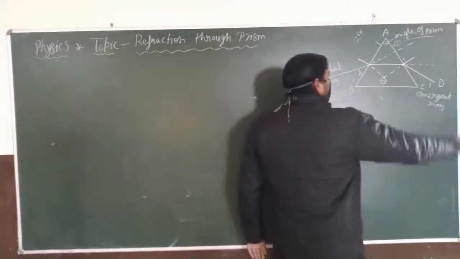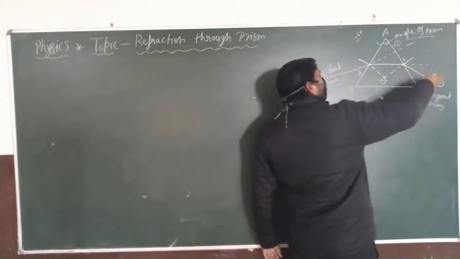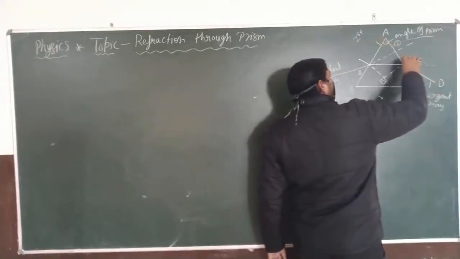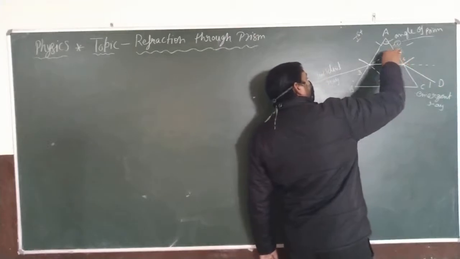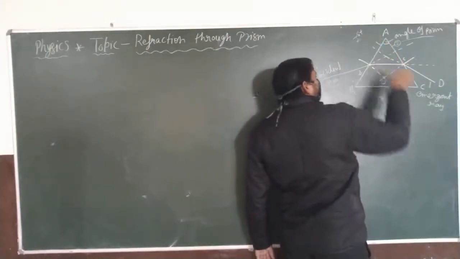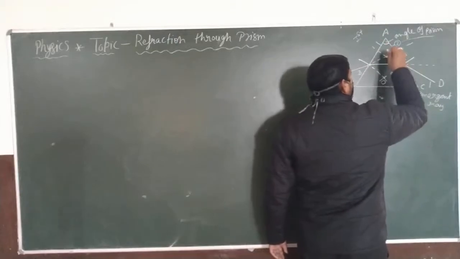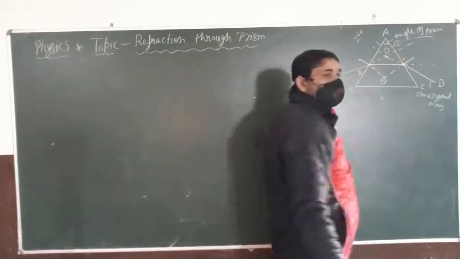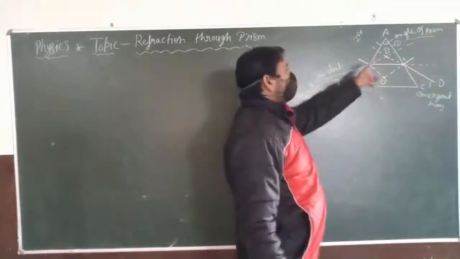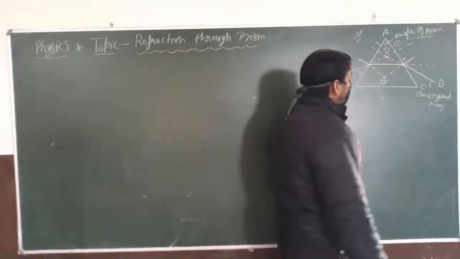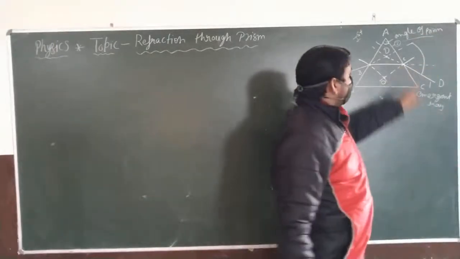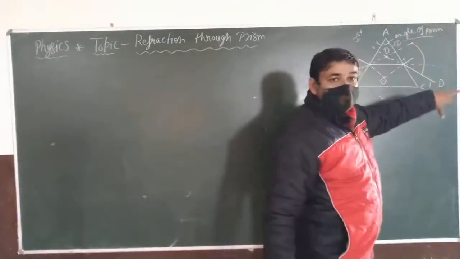When we extend the emergent ray CD in the backward direction, we find that it cuts at a point, and this is the actual path of the incident ray, but due to the prism it is deviated or bent in such a way.